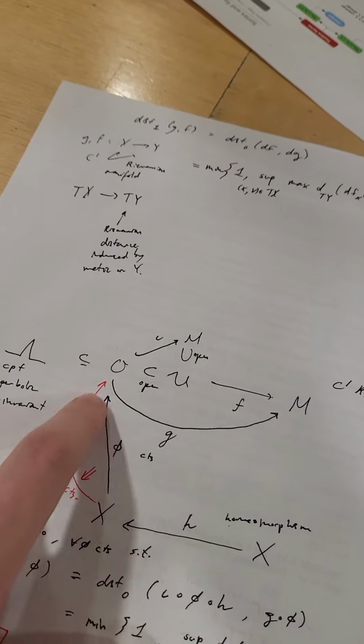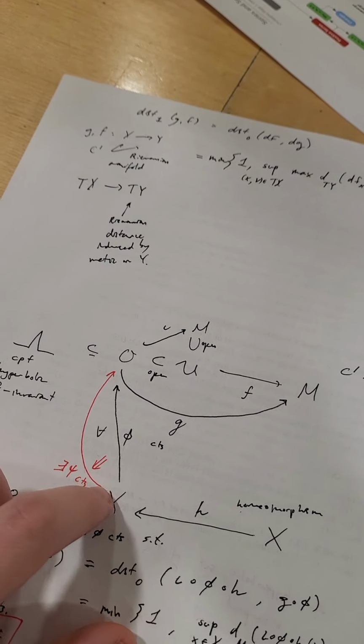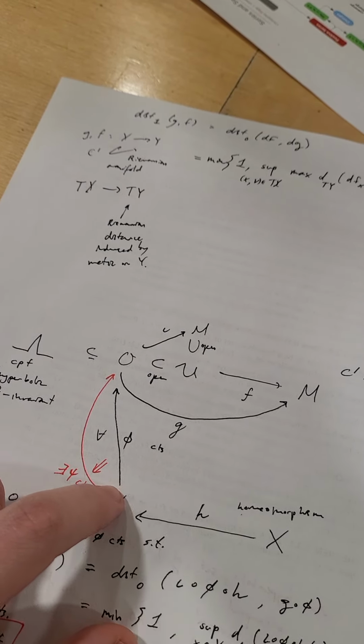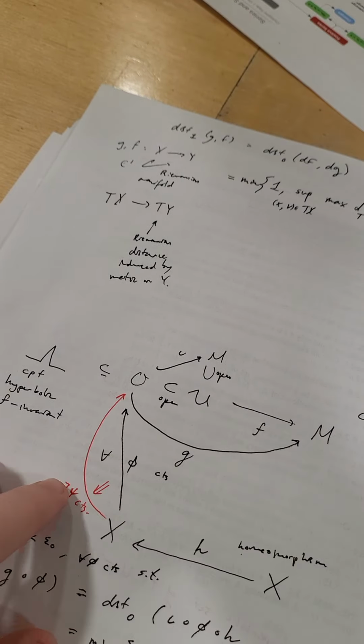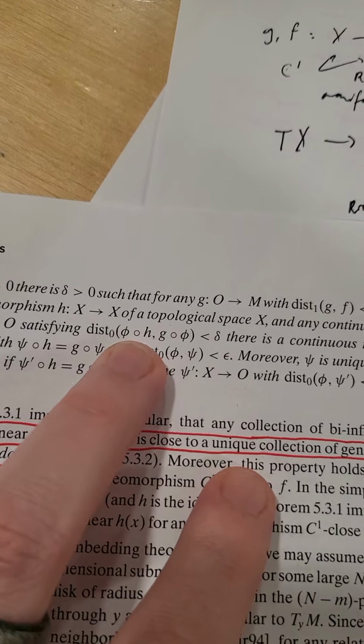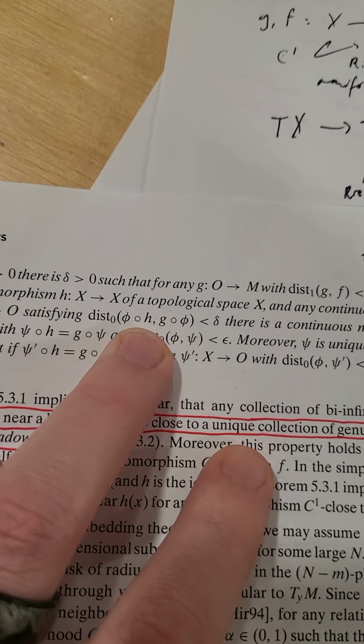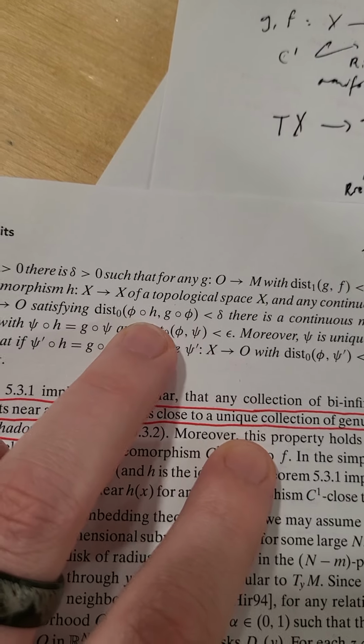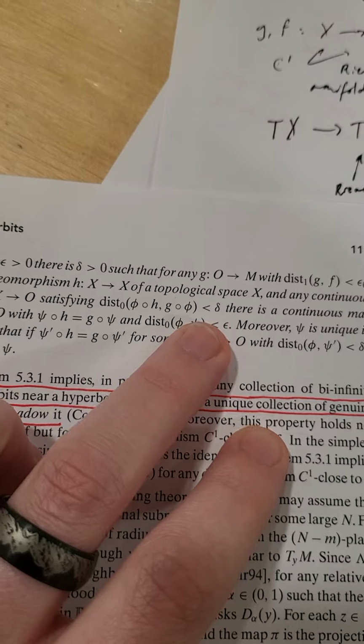So this map is close in the zero distance to G composed phi. So this is the distance between phi composed with H and G composed with phi, which is less than delta, okay?